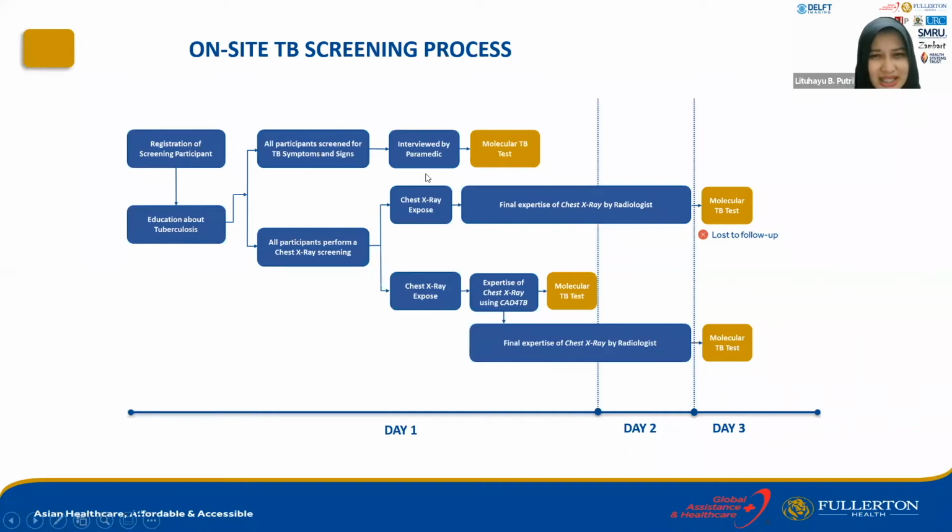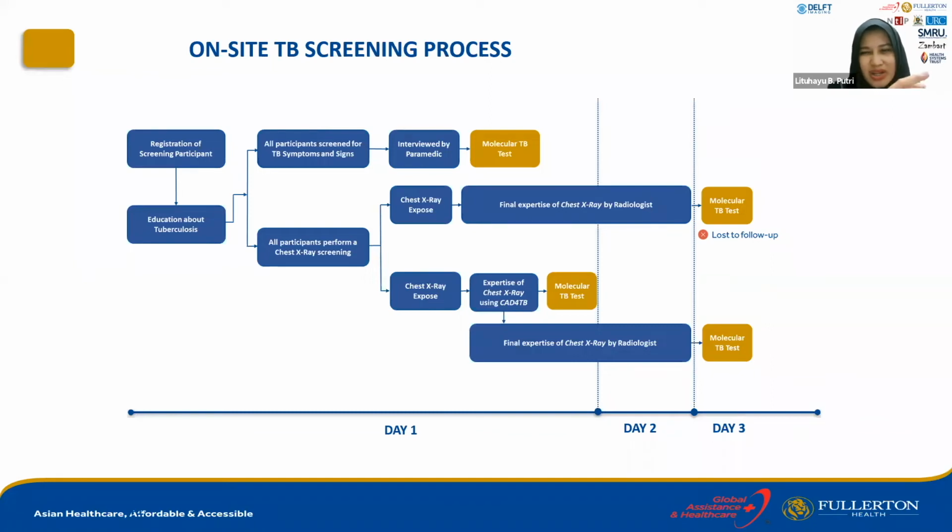And then after that, they have to go for a chest X-ray screening. In here, I put two different arms. The first arm is the conventional way, where we are not involving AI. For participants in the screening, we take the chest X-ray, and after we get the image, we still use the conventional manual way, which is to send the image to our radiologist.